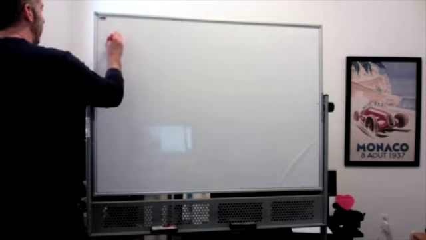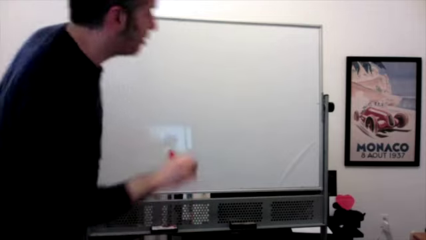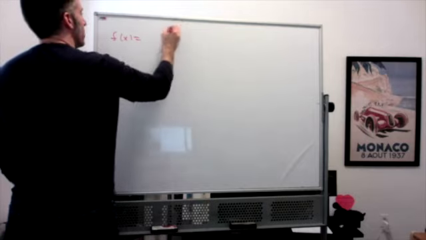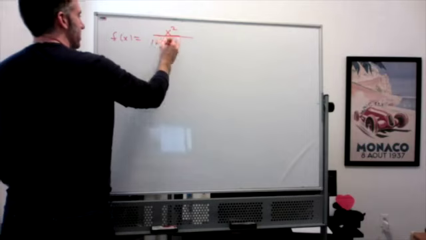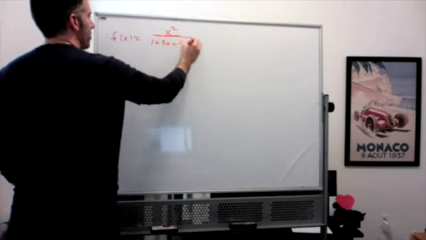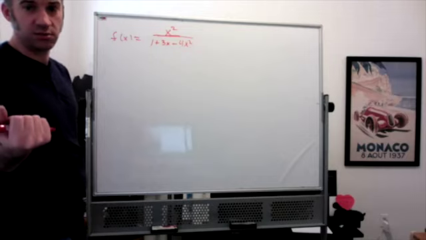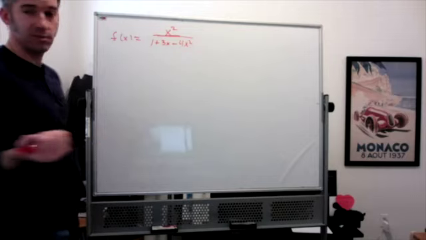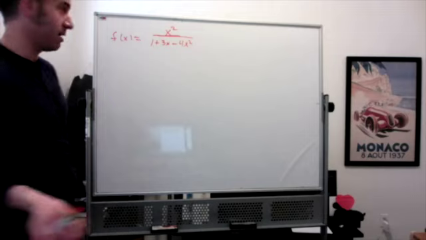So how about f of x equal to x squared over 1 plus 3x minus 4x squared. Does this function have a slant or horizontal asymptote? Looks like it has a horizontal because the degree on top and the degree on the bottom are the same.